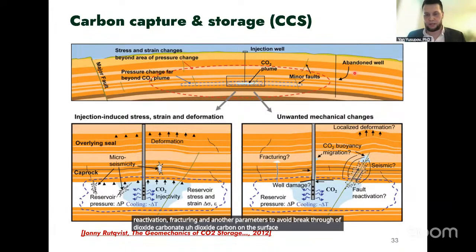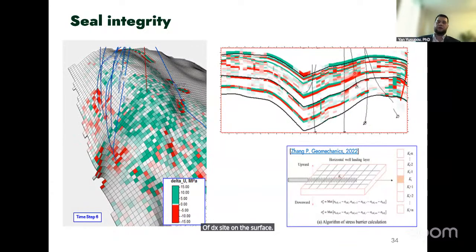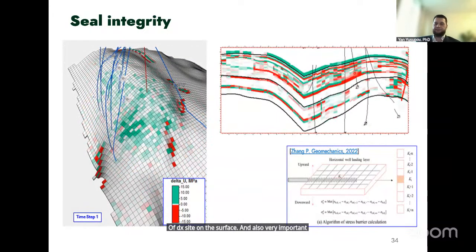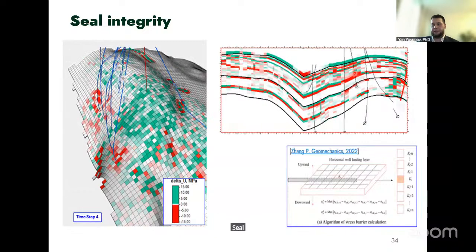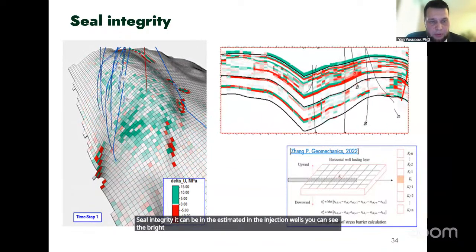Also, geomechanics allows us to correctly select the properties of the well to avoid breakthrough by the well of carbon dioxide to the surface. And also very important, this is seal integrity. Seal integrity can be estimated in the injection wells. You can see a bright example on this slide.